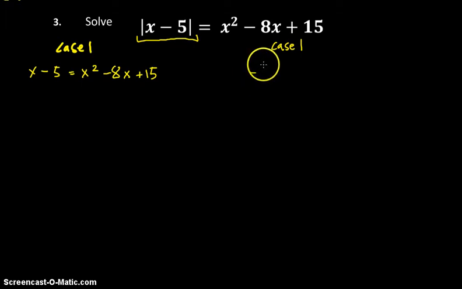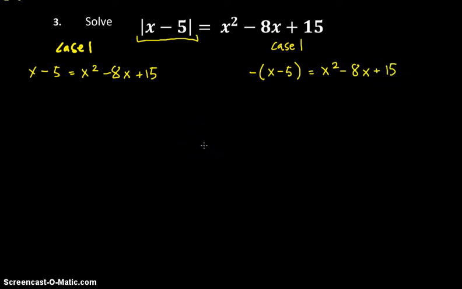So that would be negative of x minus 5 equals x squared minus 8x plus 15. That's the two cases, and for each I'm going to have to solve it.